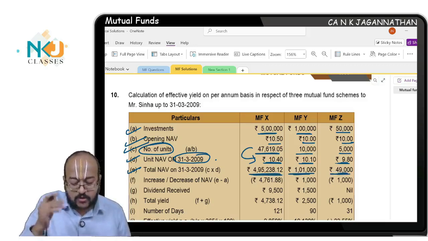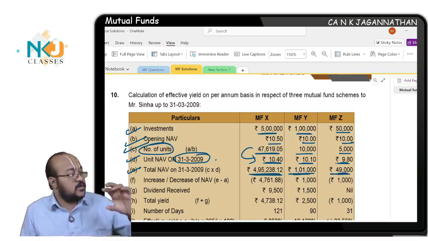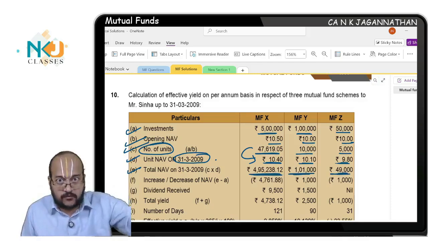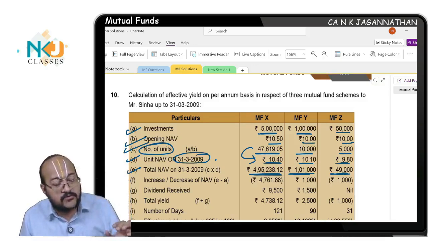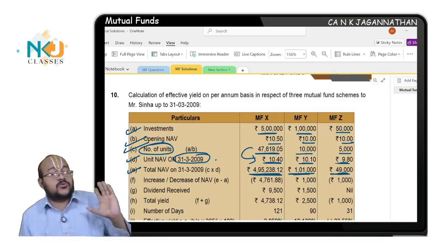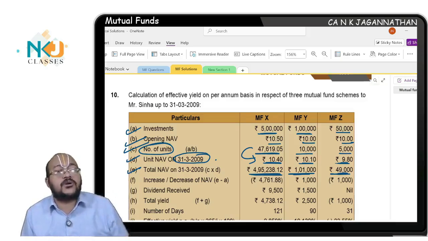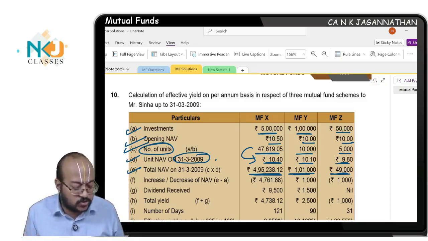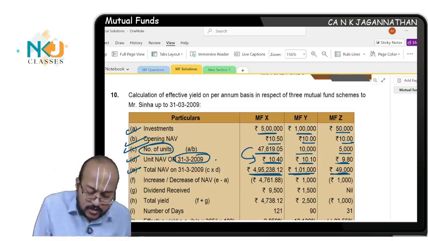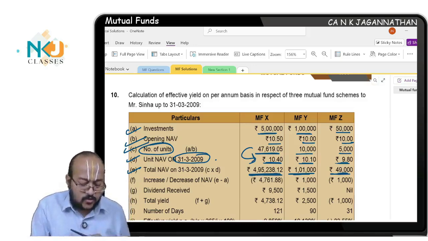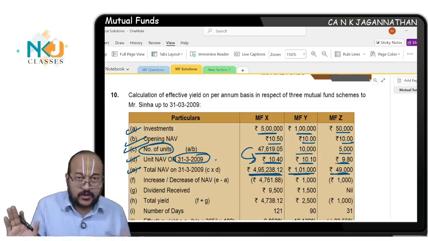First opening NAV is given, investment amount given, you will get the number of units. Then closing NAV is given, number of units into closing NAV. But this need not be the same if new units have been issued. But in this question, luckily, new units have not been issued. So if you take the opening units multiplied with the closing NAV, you will get the total closing net assets value.